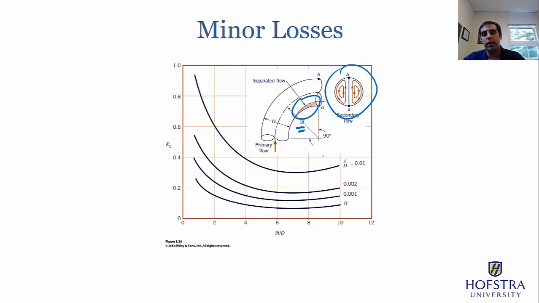All right, so depending on what your relative roughness is and what the radius of curvature is, that will allow you to determine what the loss coefficient would be. Okay.